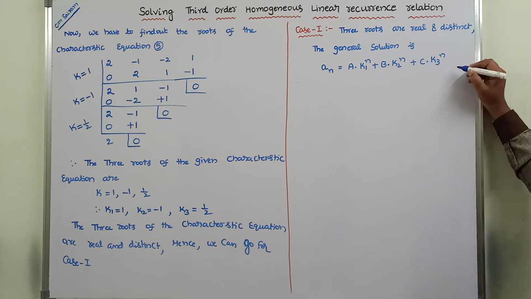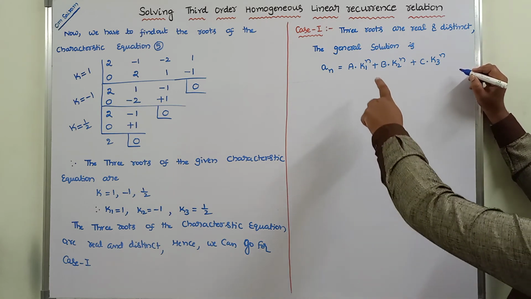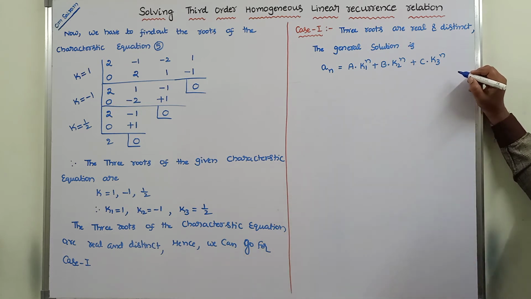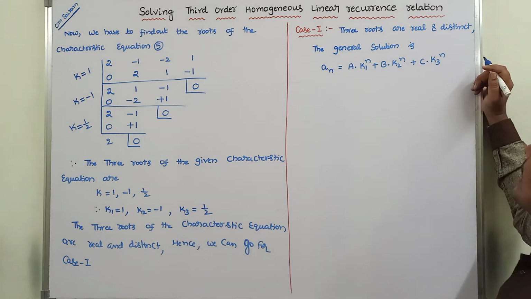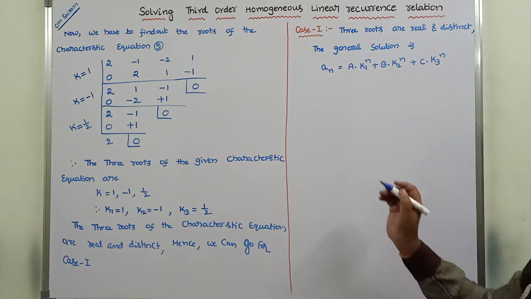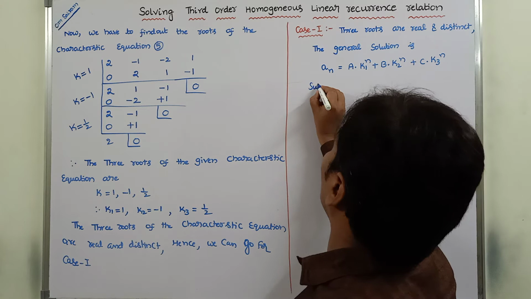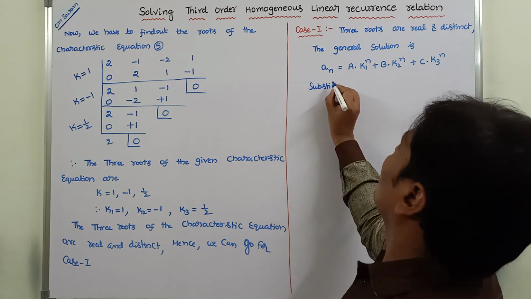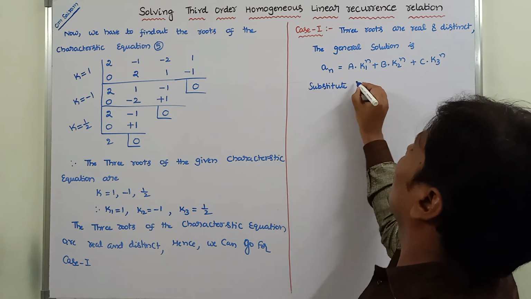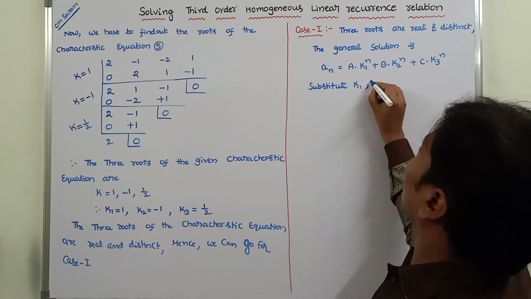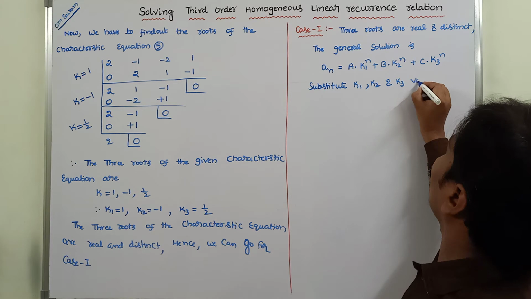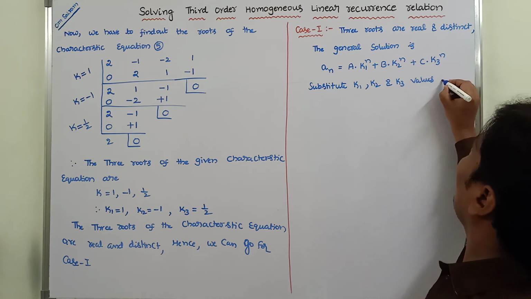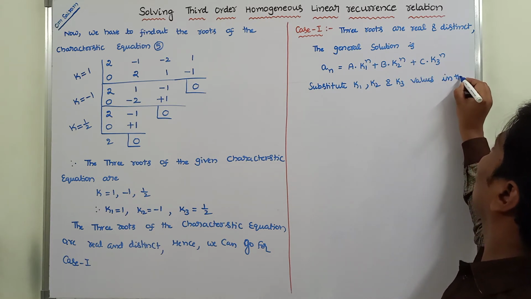So this is the general solution of the given characteristic equation where a, b, c are the constants. Now substitute k1, k2 and k3 values in the above equation.